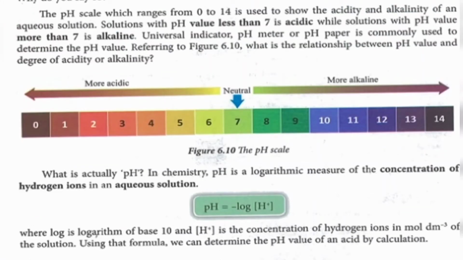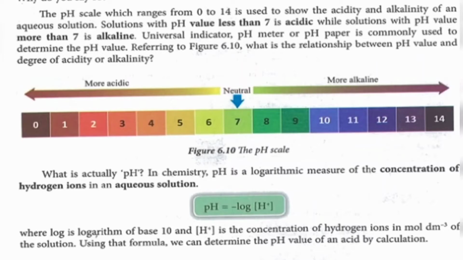Okay, this is pH scale. pH scale ranges from 0 to 14. This pH scale is used to show the acidity and alkalinity of an aqueous solution. Okay, solution with pH 7 is neutral.